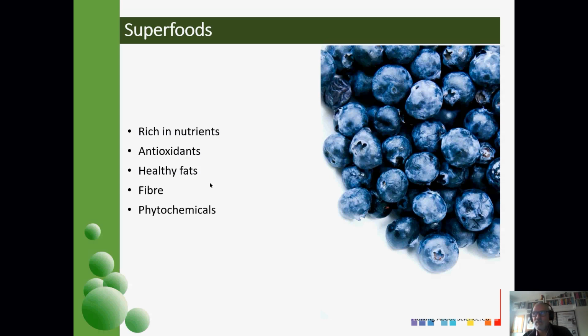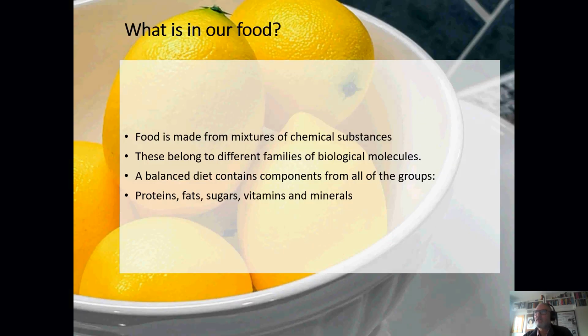So we have a particular problem with sugar, for example.